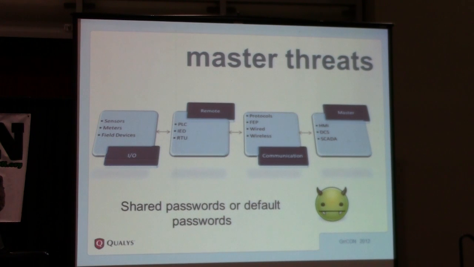There were no passwords for these control systems. Before I tell you, what would be a reason that there are no passwords on these control systems which control really important stuff? Why are there no passwords? It's because historically they were air-gapped, so there was no need for a password.